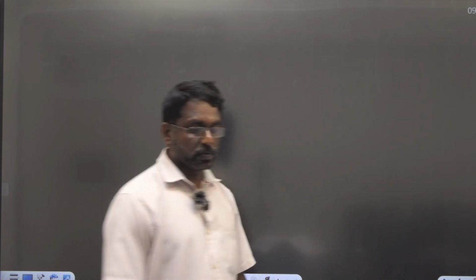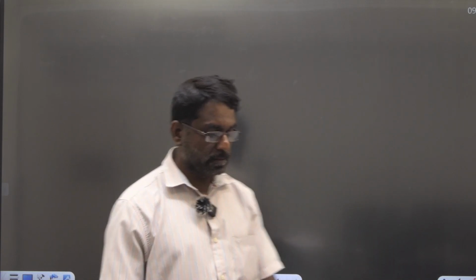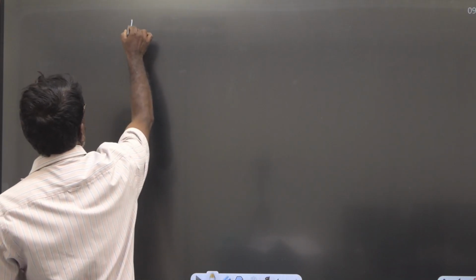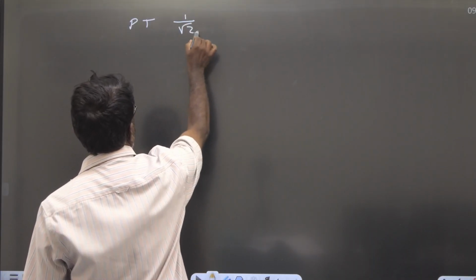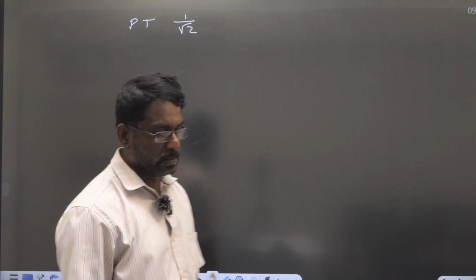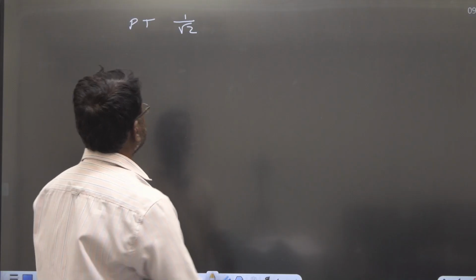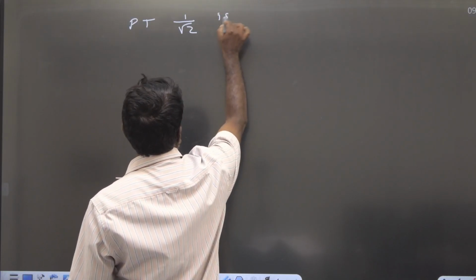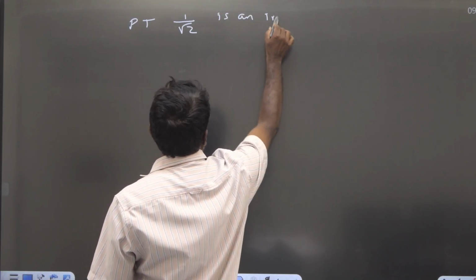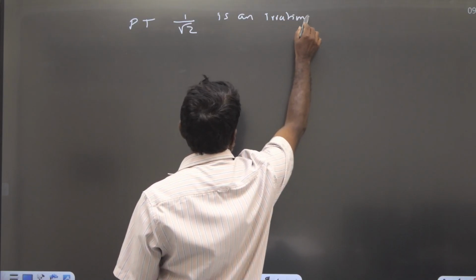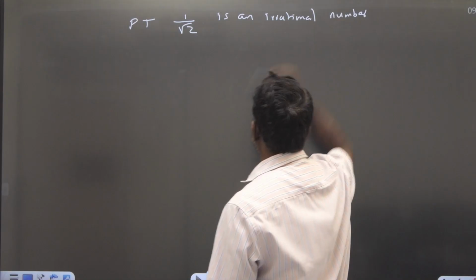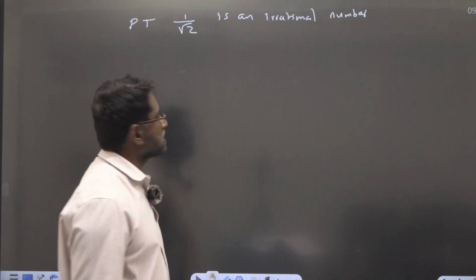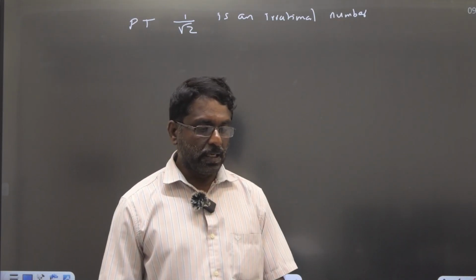I can give one more question. Prove that 1 by root 2 is an irrational number.